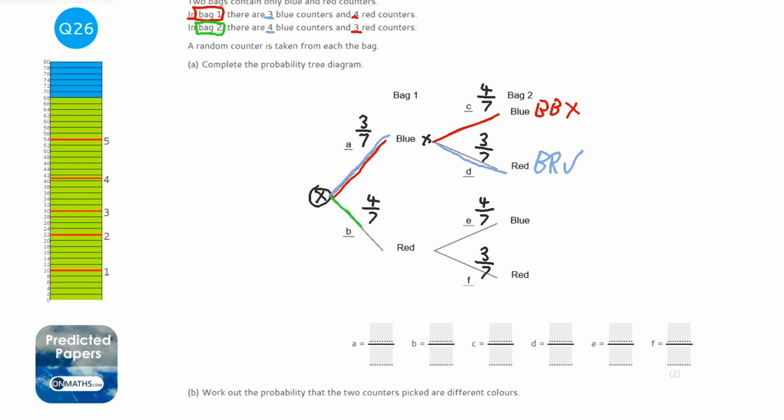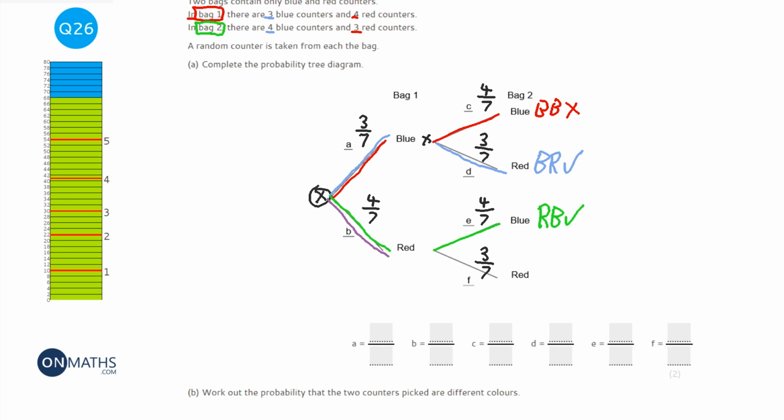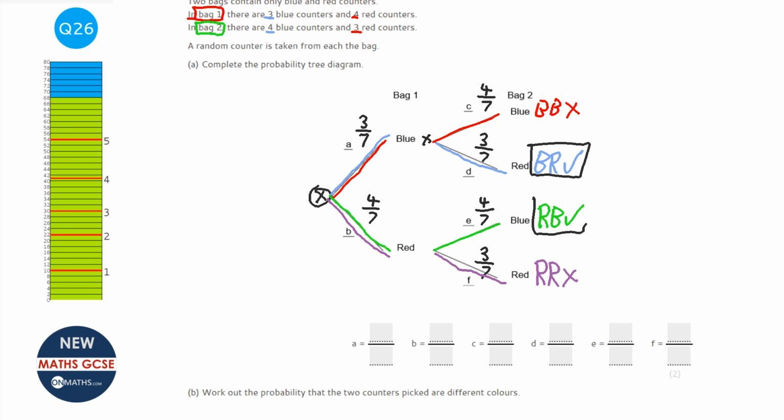Let's start going down here. So I pick a red from bag 1 and then a blue from bag 2. Well, that's the one we want. And let's try the last one. A red from bag 1 and a red from bag 2. Well, they're not different colours. So it's these middle 2 we're interested in.